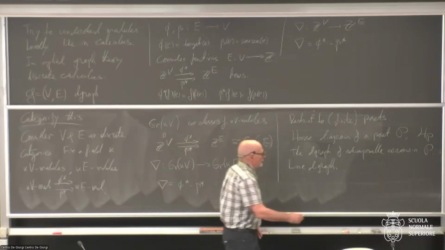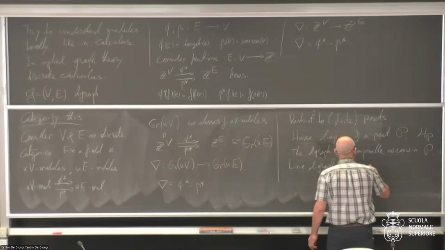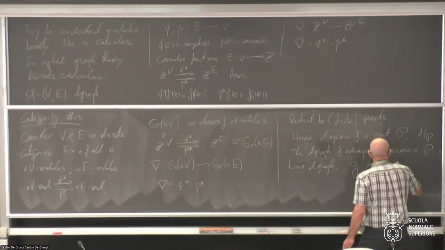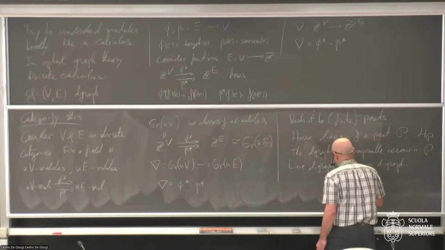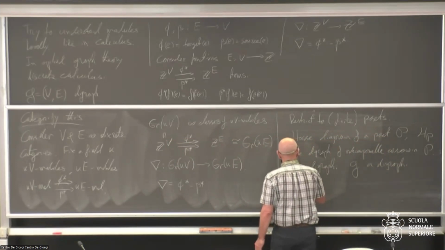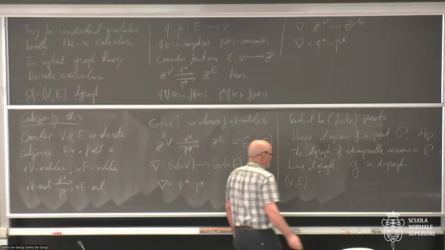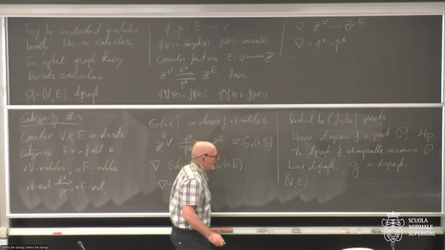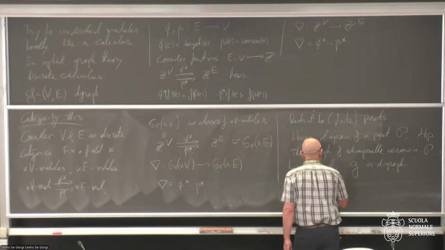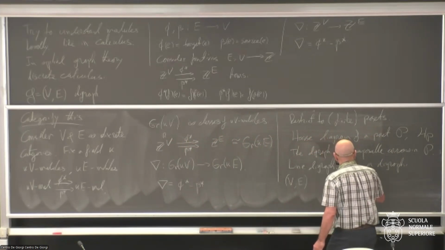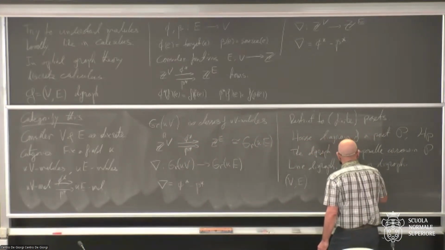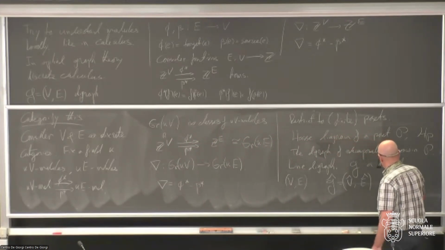You take any digraph G. Any digraph G. So it has vertices V and edges E, right? And so I associate with it G hat. G hat is V hat, E hat, right? Where V hat is just E.